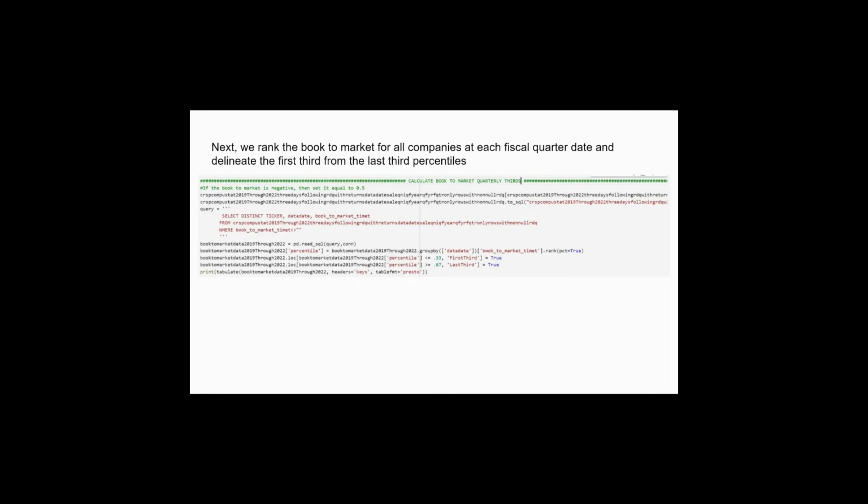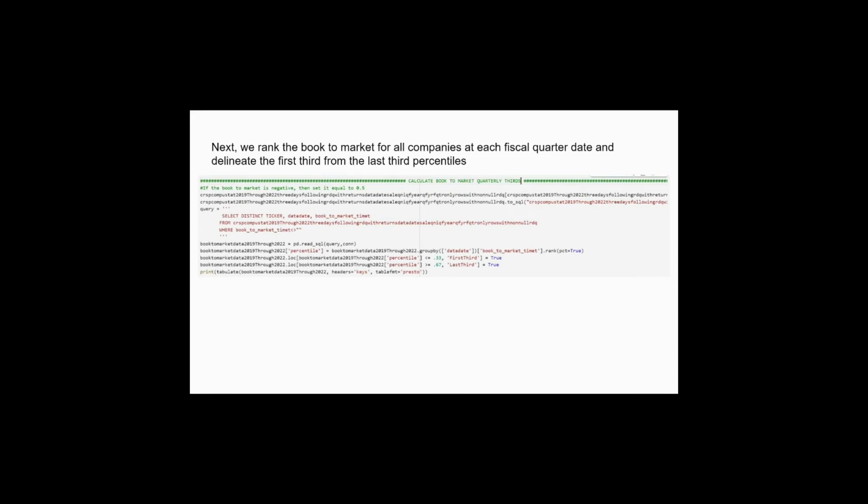Okay, so next what we do is we rank the book to market for all companies at each fiscal quarter date, and then delineate the first third from the last third. Why do we do this? We do this because, in order to know what a value firm is and what a growth firm is, it's based off book to market.